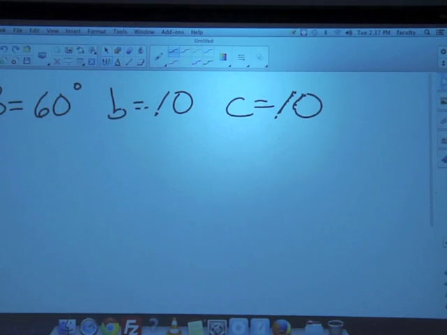Now, given the law of sines, however, there is a case where strange things can happen. Okay?